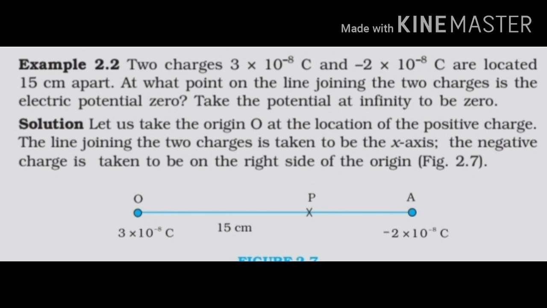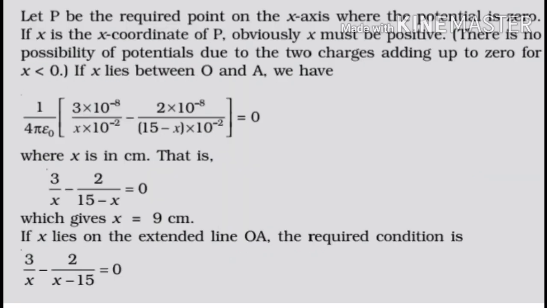So here at A is minus 2 into 10 power minus 8 coulomb, and the positive charge Q is 3 into 10 power minus 8 coulomb. These two charges are separated by a distance of 15 centimeter. Let P be the required point on the x-axis where the potential is 0.